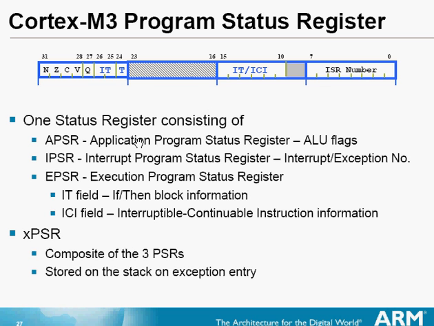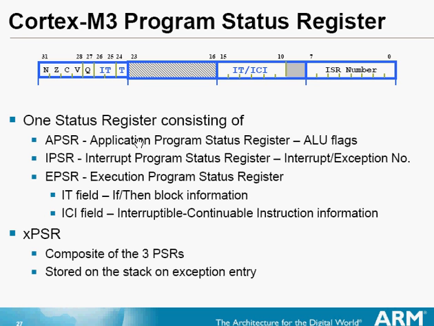The APSR means application program status register. It has bit 31, N, for the negative or less-than flag. If it is 0, the operation result was positive, and if it is 1, the operation result was negative. Got it? Bit 31 is N. If N is 1, the operation result is negative. If N is 0, the operation result is positive.